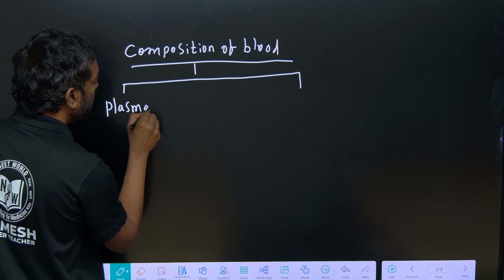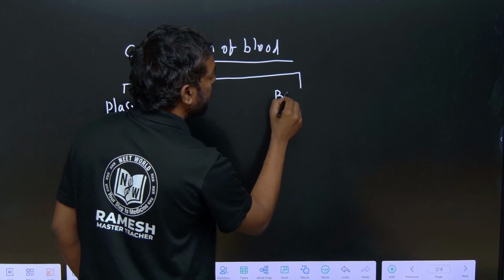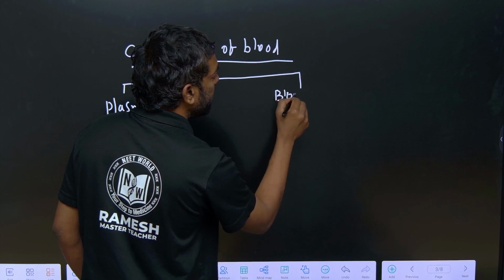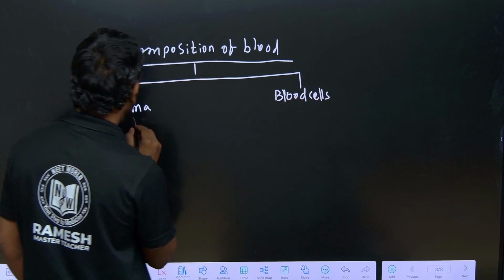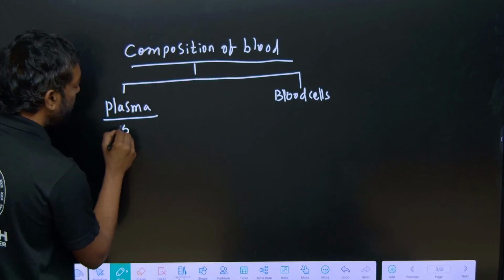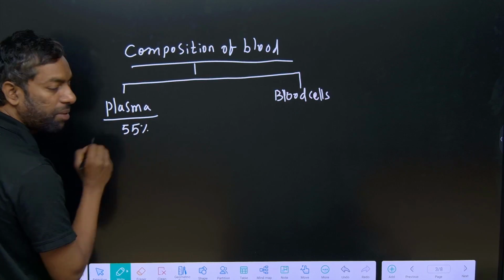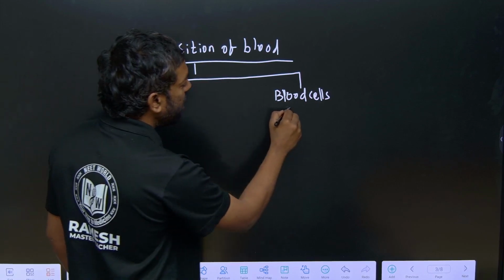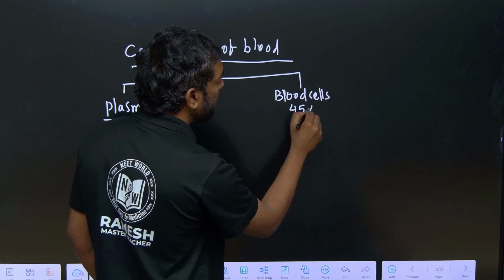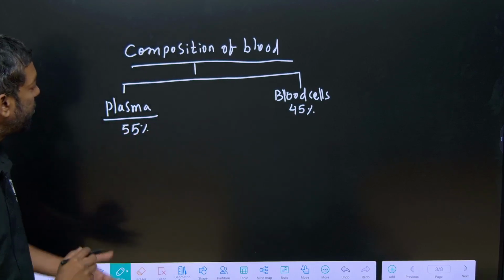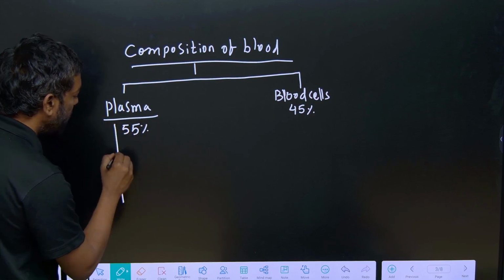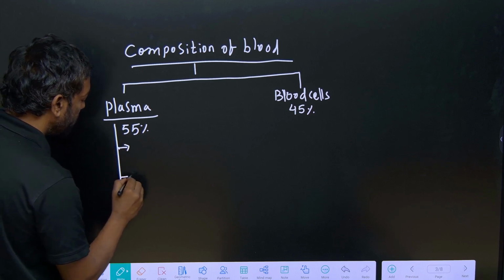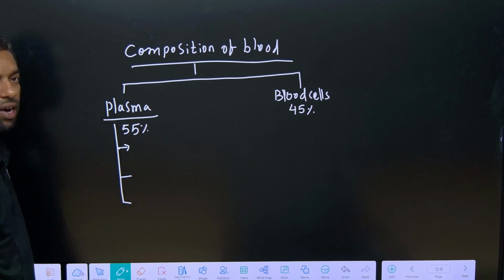Plasma is about 55% of the blood, and blood cells about 45%. The 55% plasma consists of plasma proteins and water.